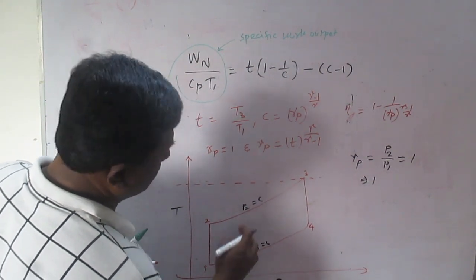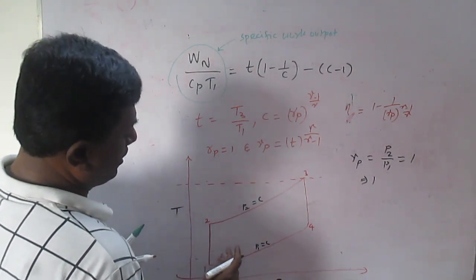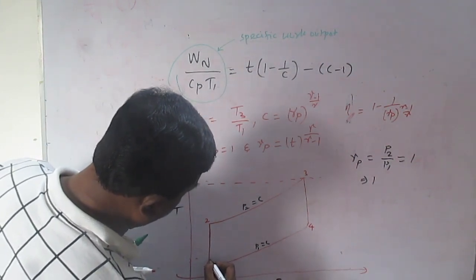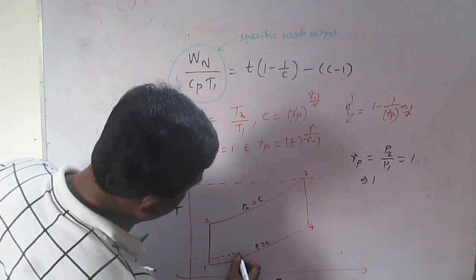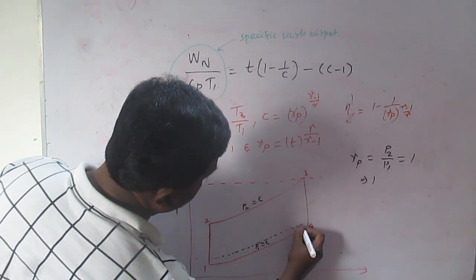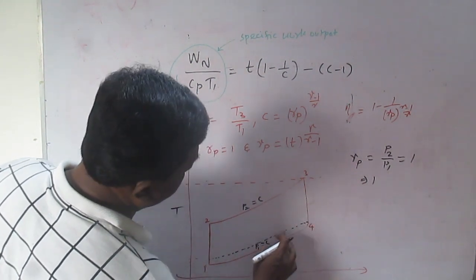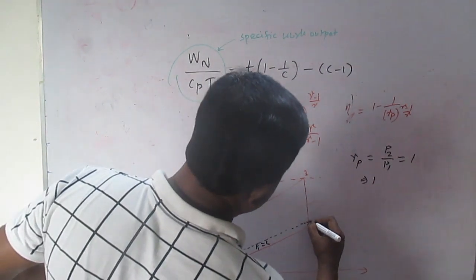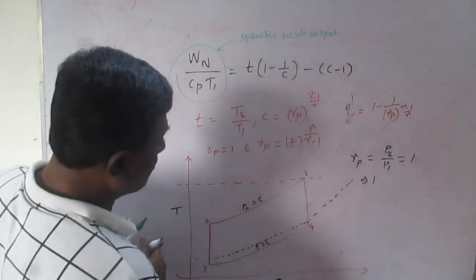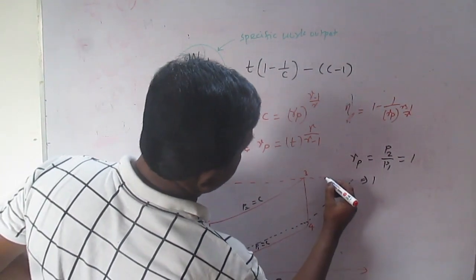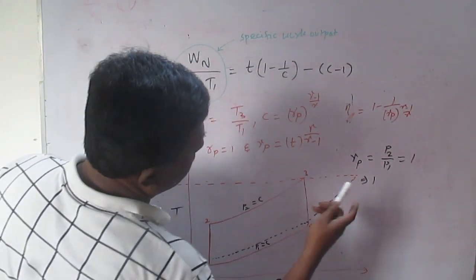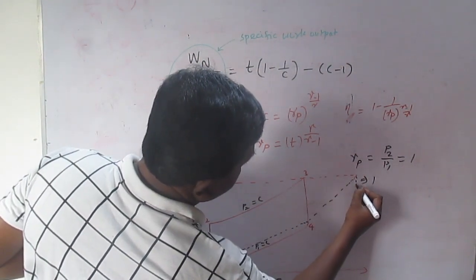So when these two curves coincide, that means this curve becomes very close to the other and reaches this condition.